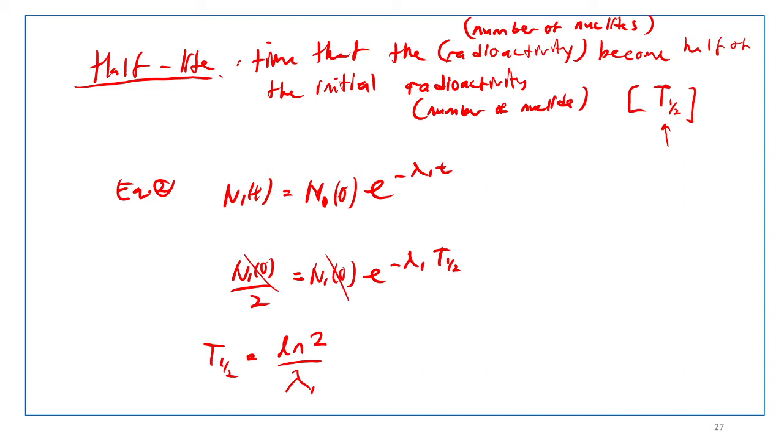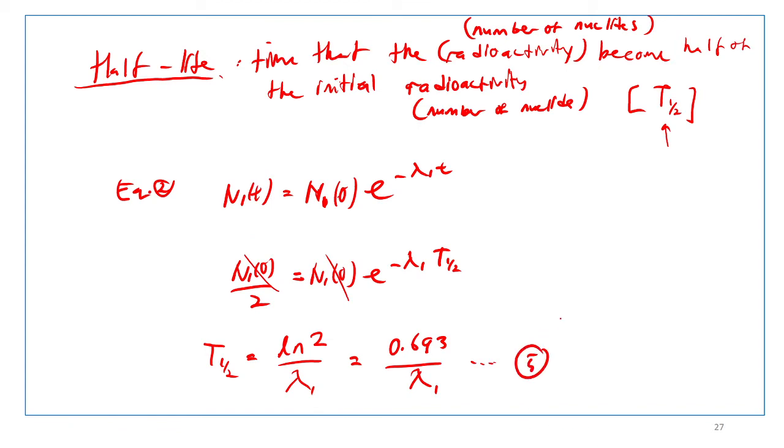So this gives us the relationship between half-life and the decay constant. And ln 2, if you punch your calculator, you get 0.693, over lambda. So let's say this is equation 5. We call this equation 5.